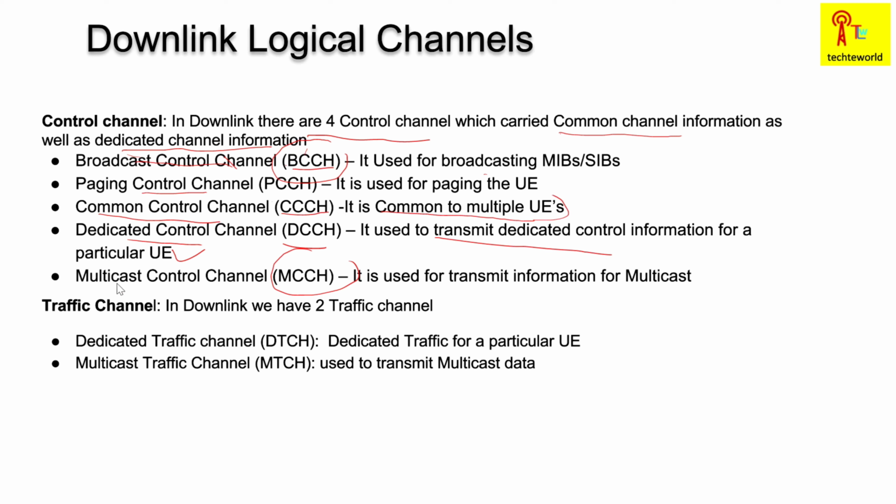Similarly we have the multicast control channel. The difference between multicast and broadcast is that both broadcast the information, but broadcast carries the control messages, and multicast carries the data related messages. This is the only difference between them.